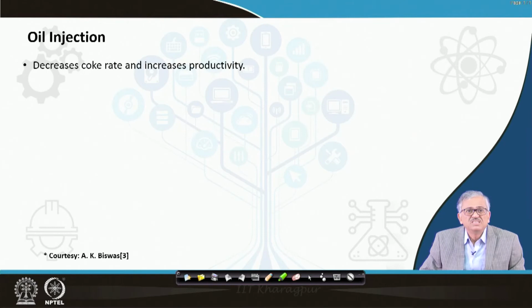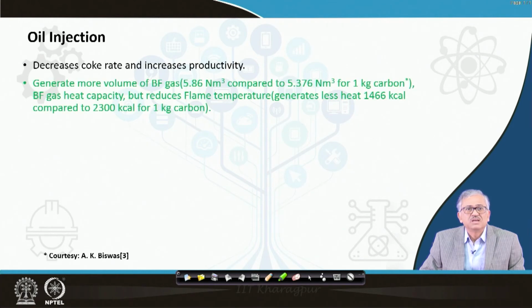Okay. Now, oil injection. What happens? It decreases the coke rate, increases the productivity obviously, and generates more volume of blast furnace gas. Per kg of carbon if you burn, you can get 5.376 normal meter cube of gas, but if you burn 1 kg of oil, you can get 5.86 normal meter cube of gas. So, it generates more volume compared to carbon.